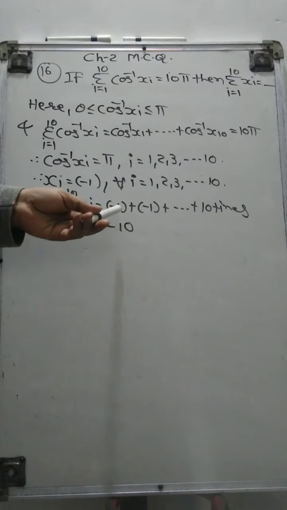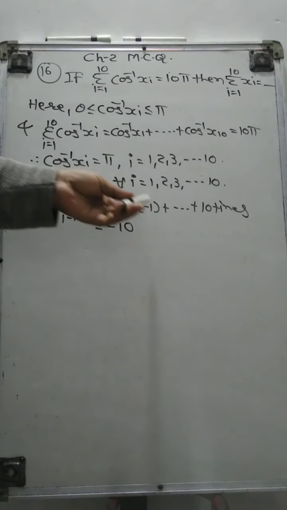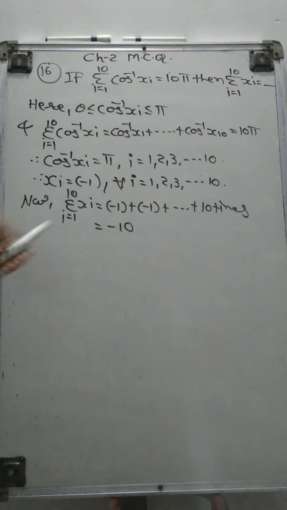So we just put the value of them, which is -1, -1, -1 ten times. It is -10. So the value of sigma xi is equal to -10, right? Okay, so this sum is quite different from the other sum, so be careful for this type of sum.